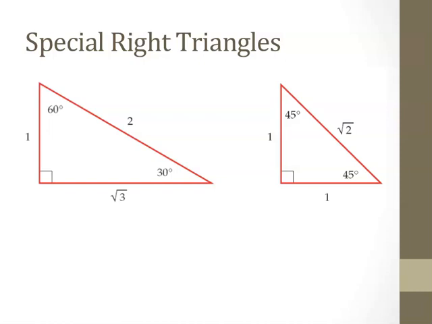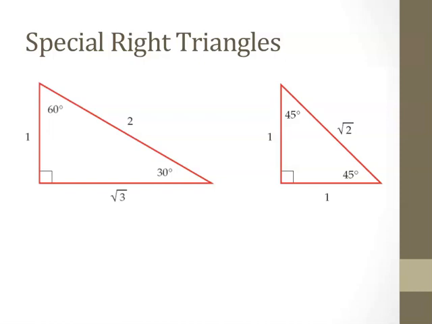But if the shorter leg were 3, then I can say right away the hypotenuse is going to be a length of 6. Same with the longer leg in relation to the shorter leg. The longer leg is always √3 times the shorter leg. So again, if the shorter leg is 3, that must mean the longer leg is 3√3.